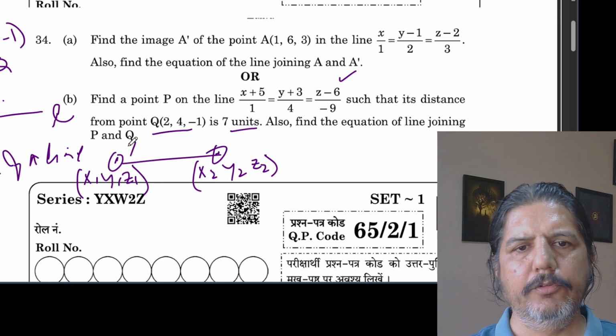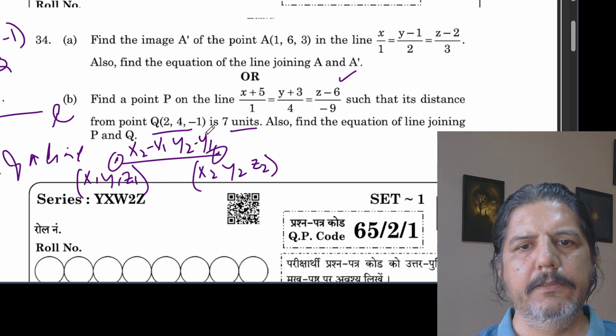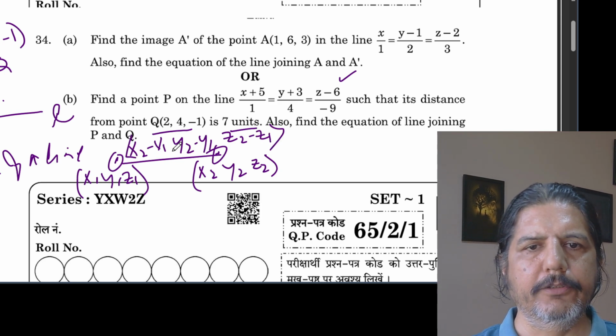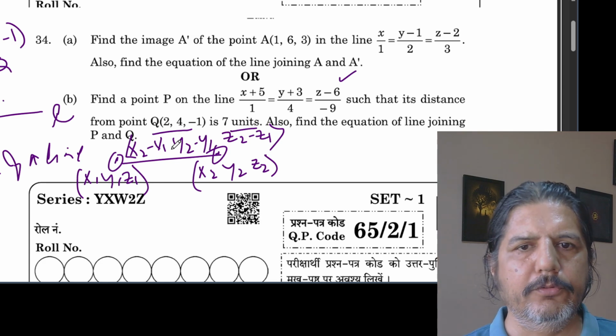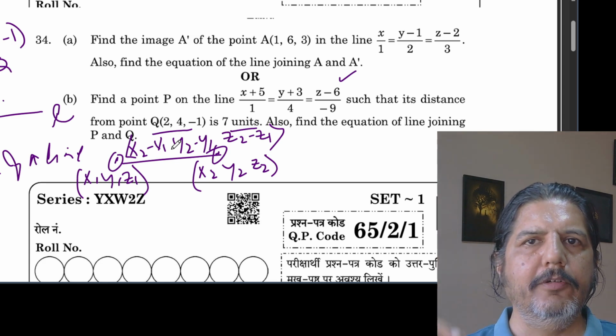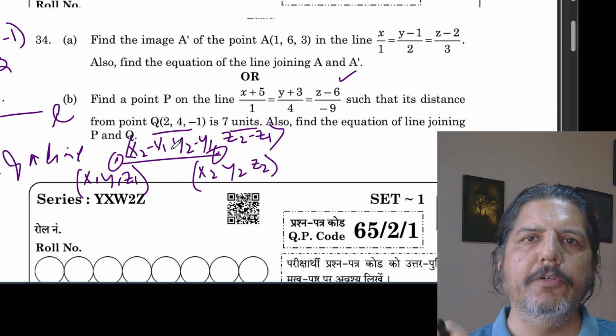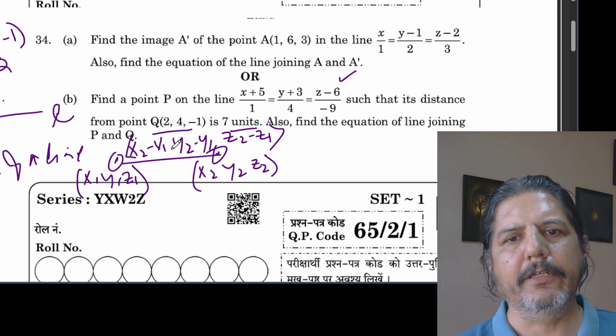So the direction ratios would be x2 minus x1, y2 minus y1, z2 minus z1. It doesn't matter; you can also write it as x1 minus x2, y1 minus y2, z1 minus z2, because these are just ratios.